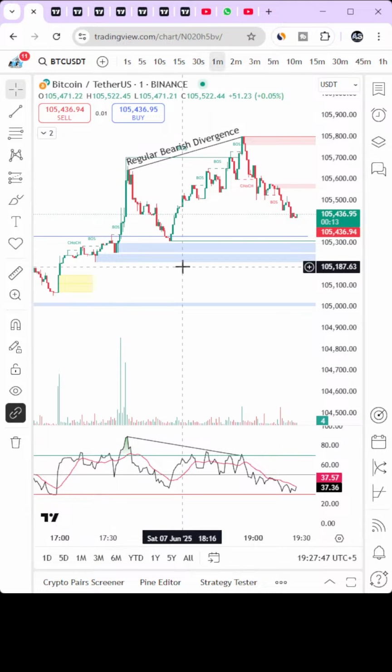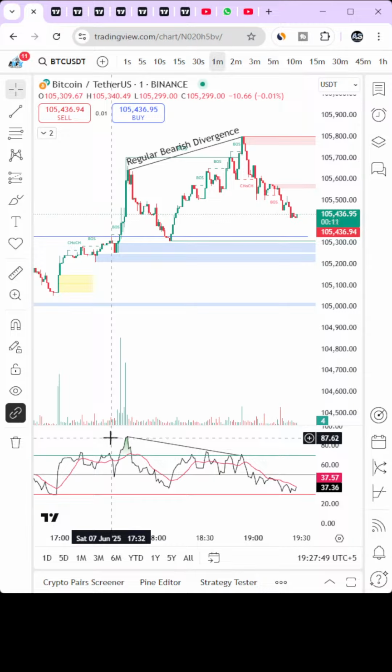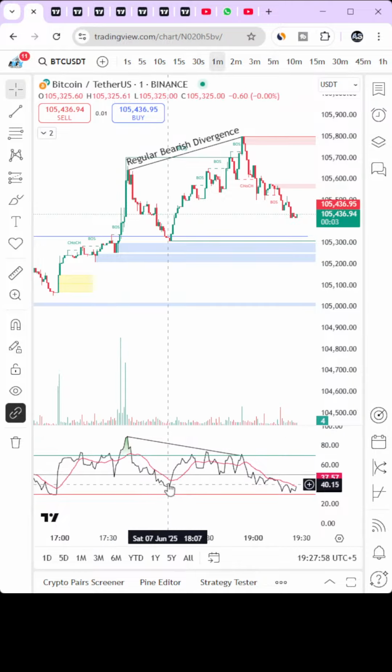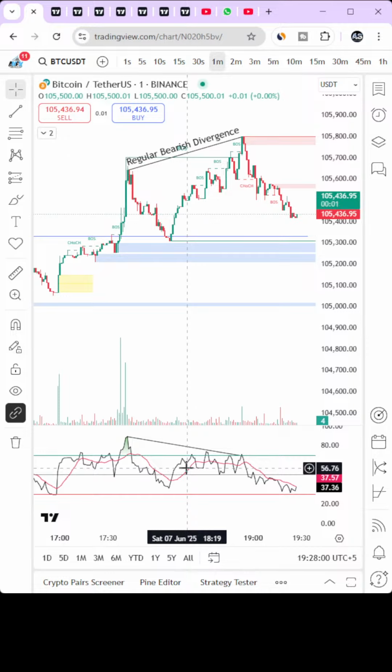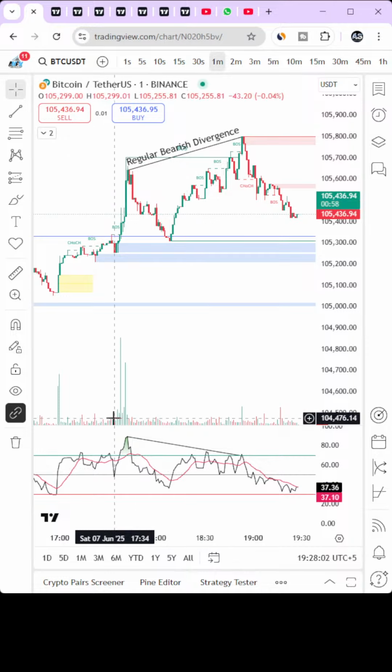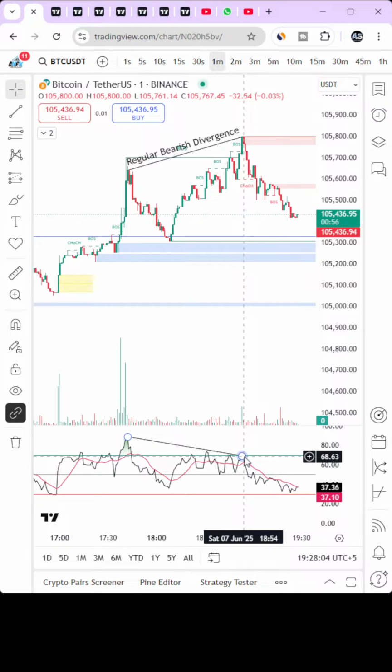After reaching up to this 88 position and overbought position, we have to see again buy until it creates any divergence.